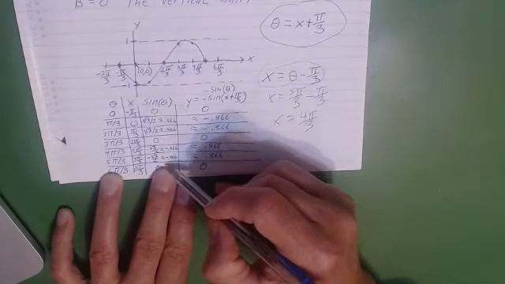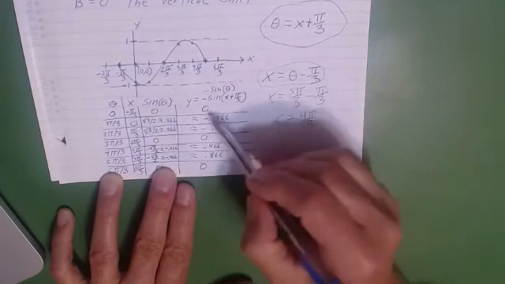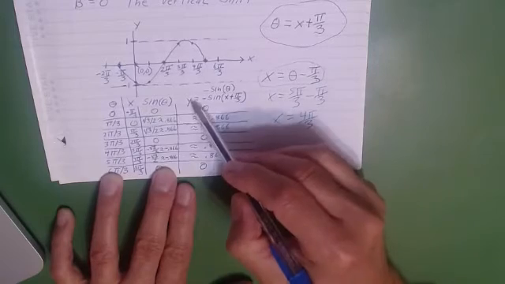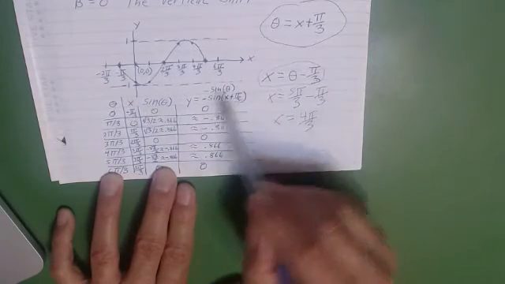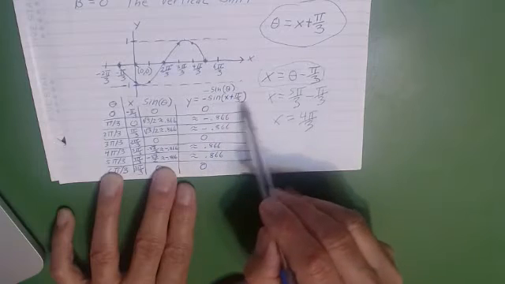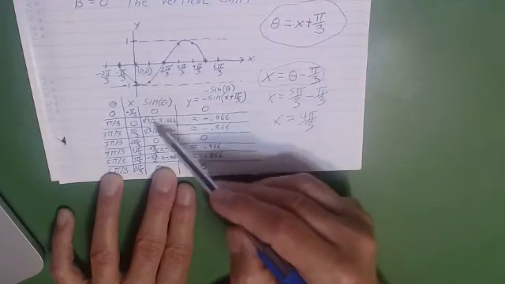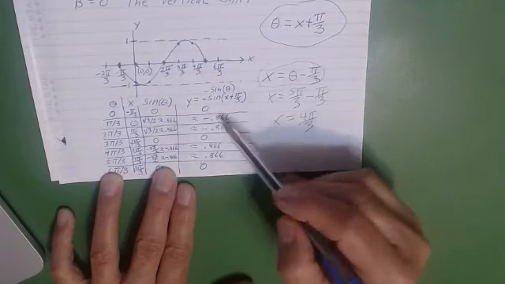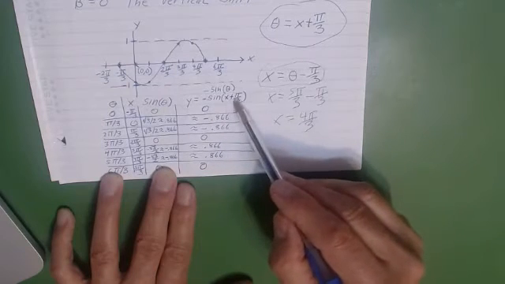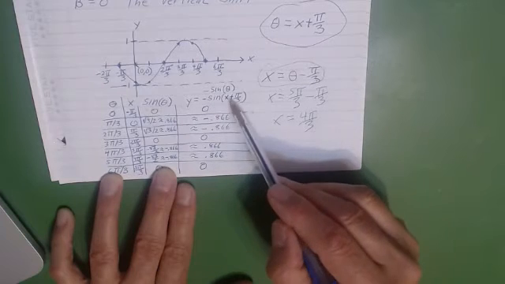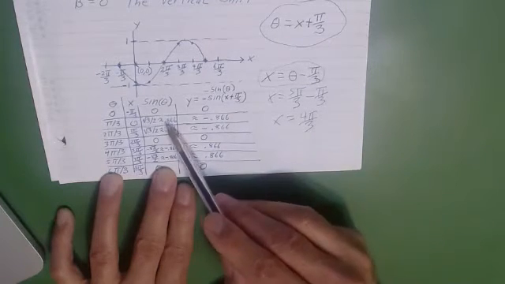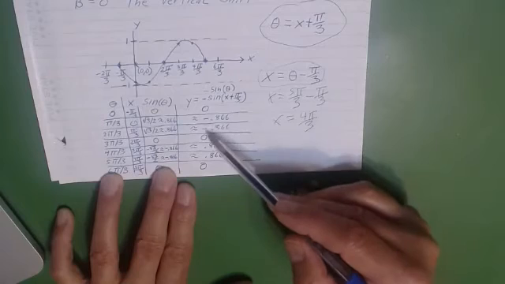We've already done that work. So the only thing that's going to be different about y than sine of theta is we notice the equation that we're doing has a minus sign in front of it. So we get our value from sine of theta because negative sine of x plus pi over 3 is negative sine of theta. So we've got sine of theta, we put a negative sign on it, and we're done.